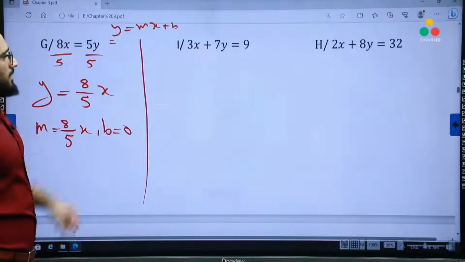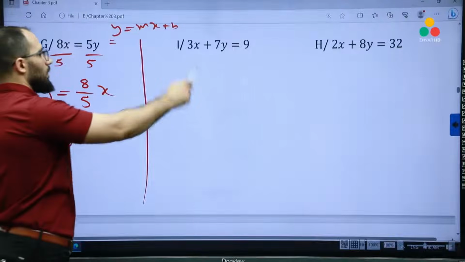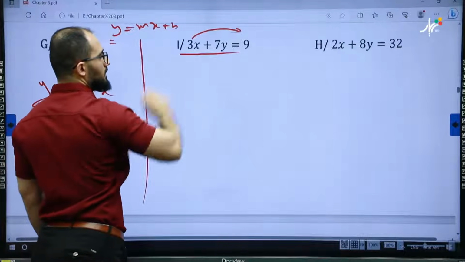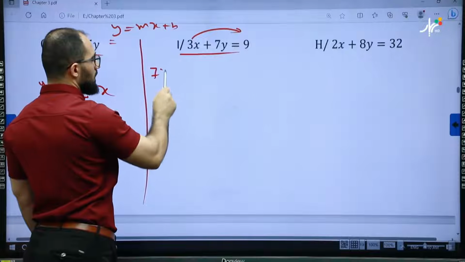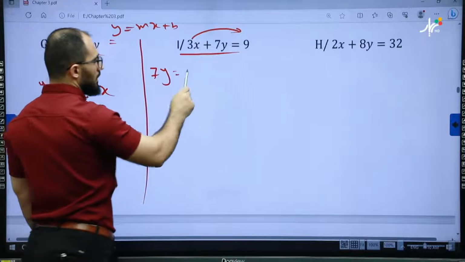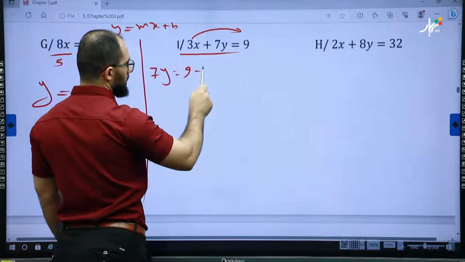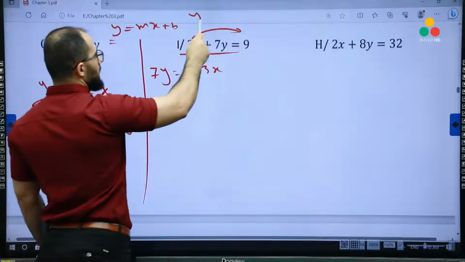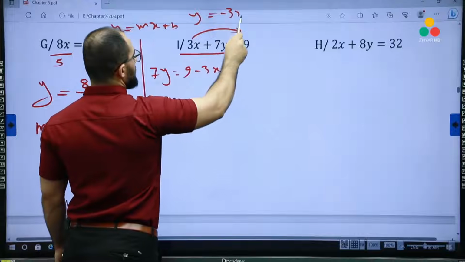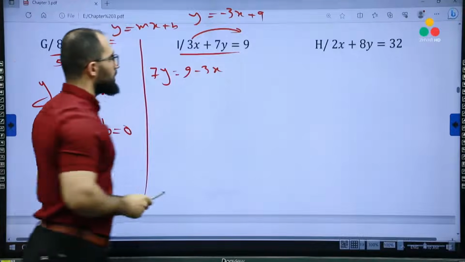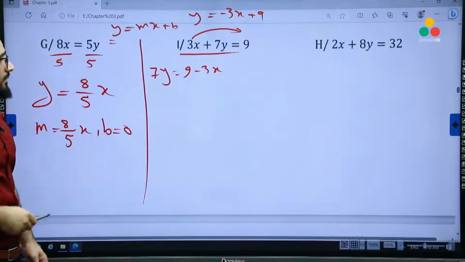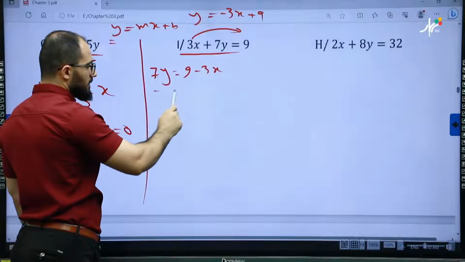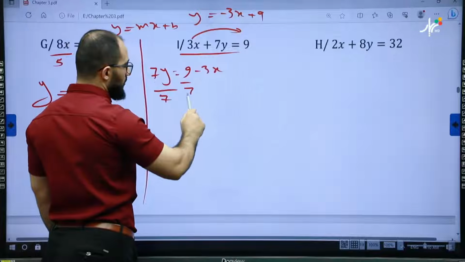Again, in example I, we want to make the y alone, so move 3x to the other side. 7y is equal 9 minus 3x, or you can write y is equal negative 3x plus 9. Both of them are true. You can write both. Then, because y is not alone, has 7 with it, divided by 7, divided by 7.